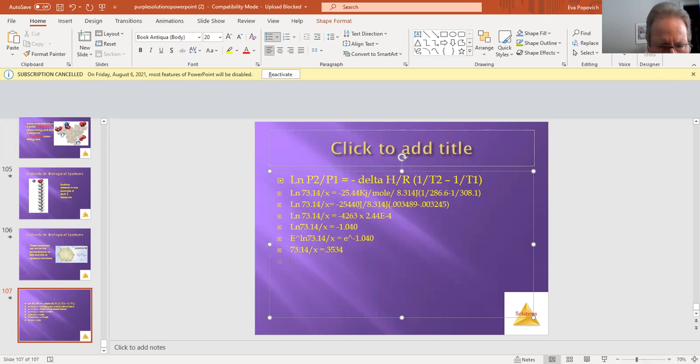Now it's 73.14 is equal to, now you multiply both sides by x, 0.3534x, divide both sides by 0.3534, and I get 207.0 torr is my answer.